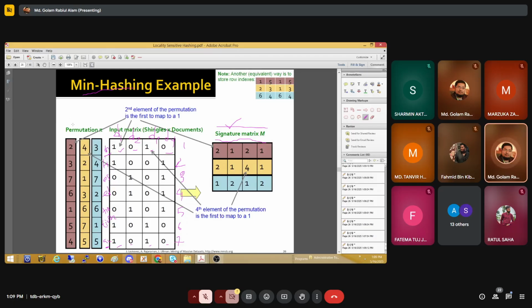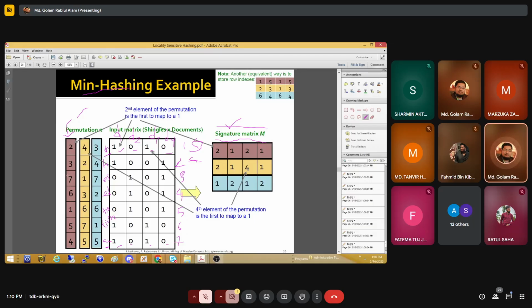Then we have to think about the permutations, the permutation of these shingles. If we permute this, then maybe previously two, this one we will find in the first position, one. So this is a permutation: 2, 3, 7.